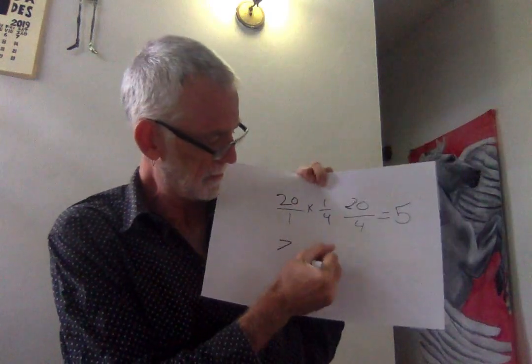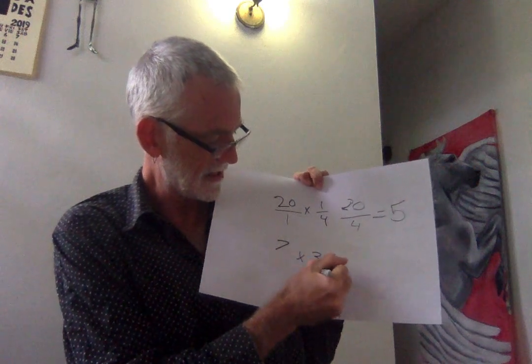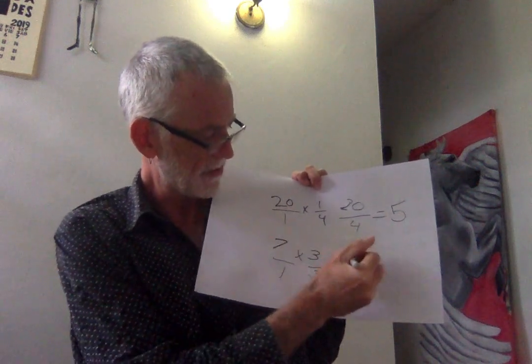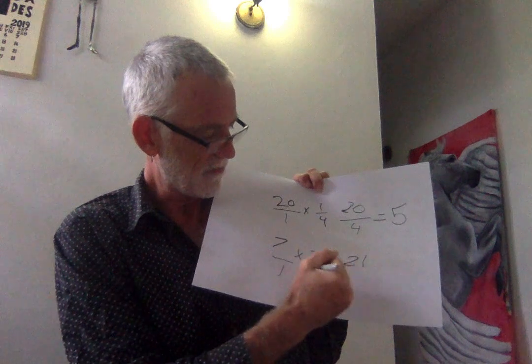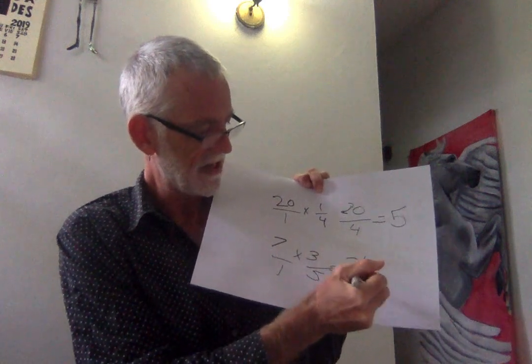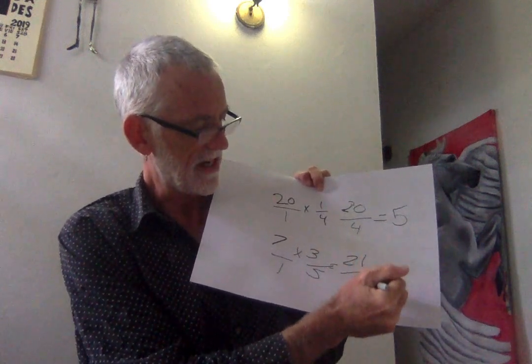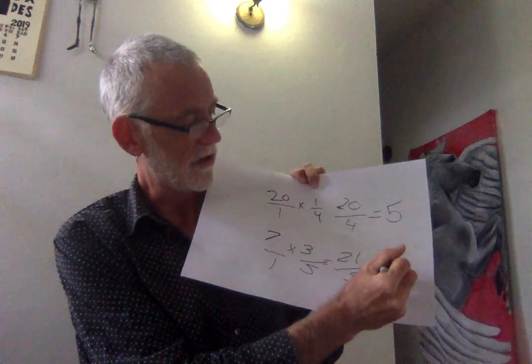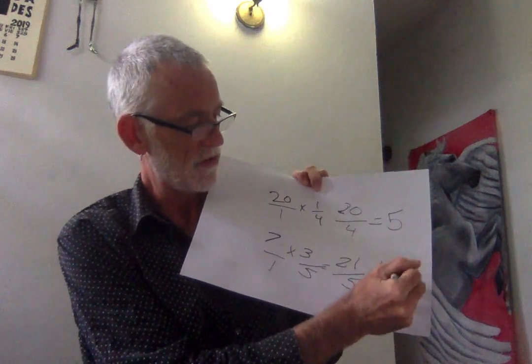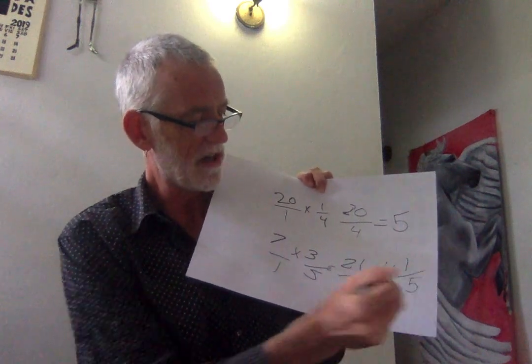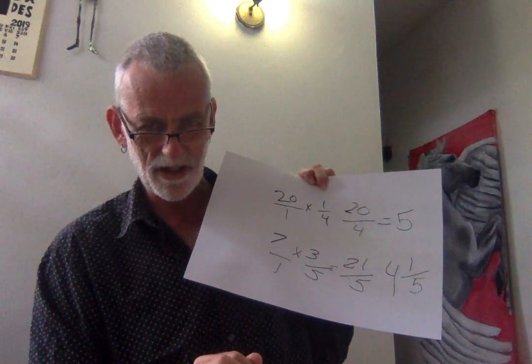So you have to do 7 times 3/5, right? 7 times 3/5. 7 times 3 is 21. 1 times 5 is 5. You simplify. 5 goes into 21 4 times. Remainder of 1. 4 1/5 hours every week.